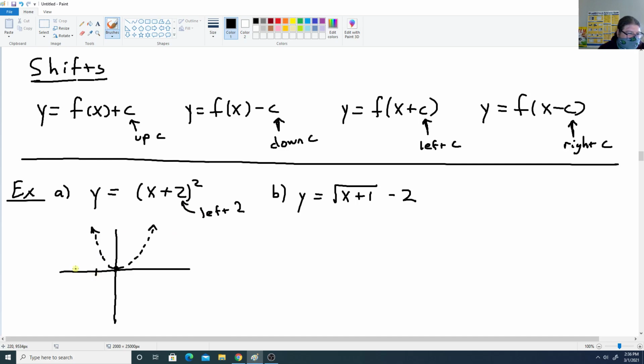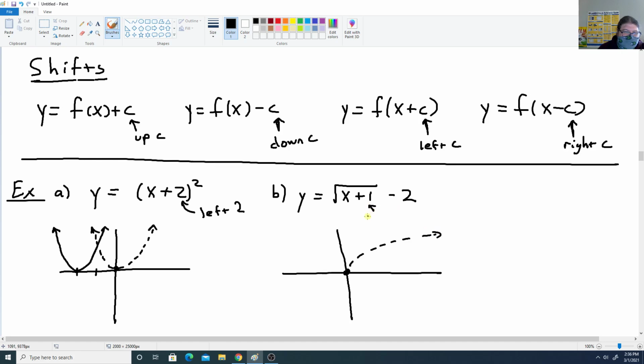So we go to the left 1, 2 units, and then we just redraw our parabola the same shape that we had there. And that'll be our answer graph. So our starting graph is the dotted line, the answer graph is the solid line. So over here, we would start with a square root graph, which looks kind of like this.